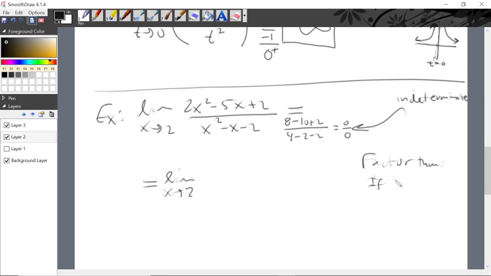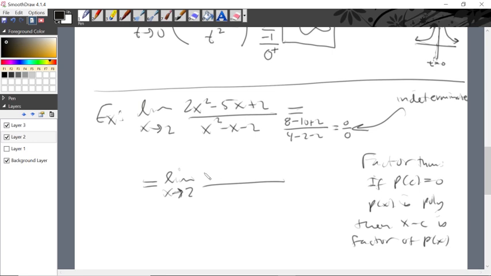If p of c equals 0, where p of x is a polynomial, then x minus c must be a factor of p of x. So we have the limit as x goes to 2 of, the numerator would have an x minus 2, because we know plugging 2 in would give us a 0. And the denominator also has to have a factor of x minus 2 because the denominator is a polynomial and it goes to 0.